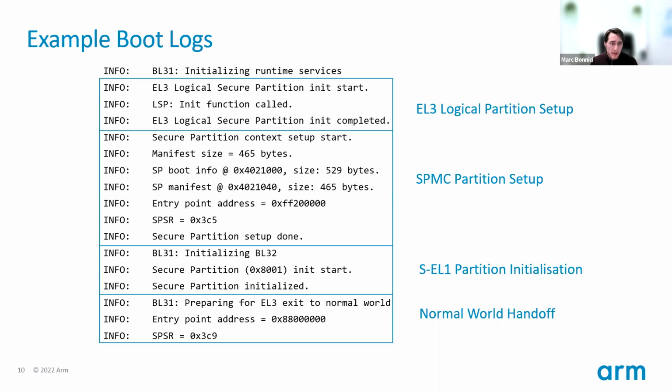It reads the manifest and populates the boot information before jumping into the SEL1 partition itself to allow it to perform its initialization. If this is signaled as successful, then the SPMC hands off and lets execution take over to the normal world as usual.